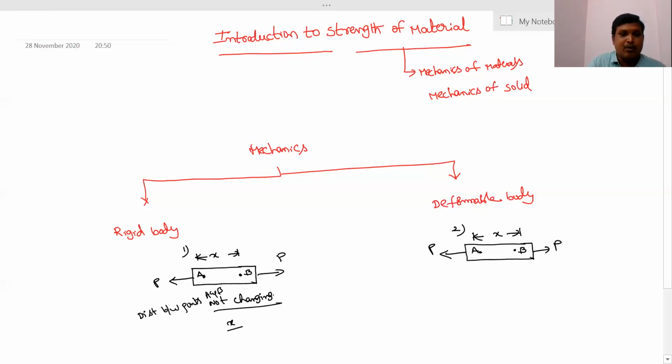This means the distance between A and B is the same even after applying the tensile load. It is still X after applying the load.